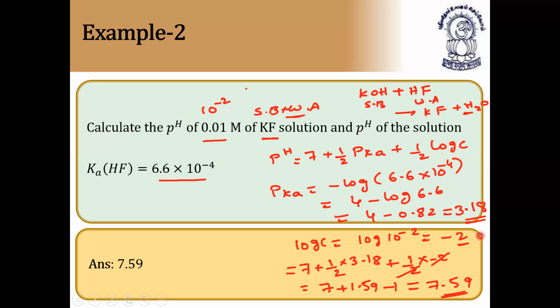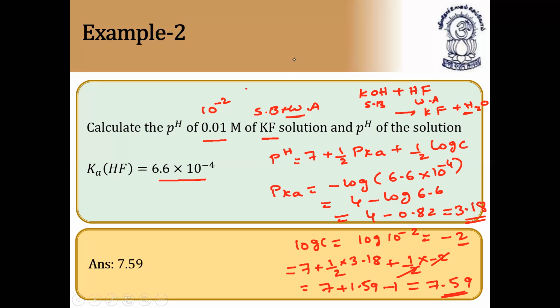So minus 2 into 1 is minus 2. Then 7 plus half into 3.18 plus half into minus 2. Applying the formula, you'll get 7.59. So in this way you can do the numerical. It's a very, very important model. So it is clear now.